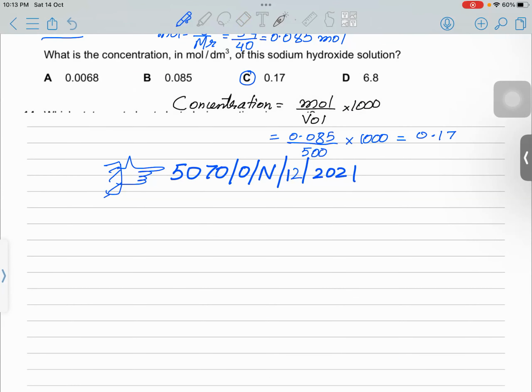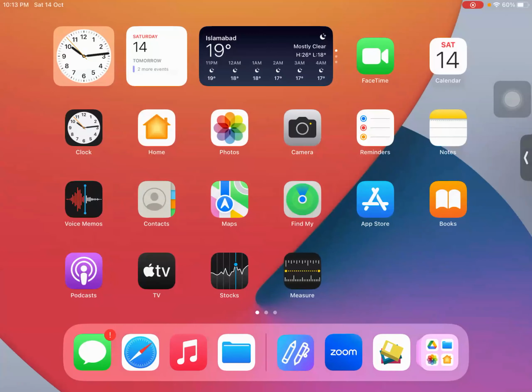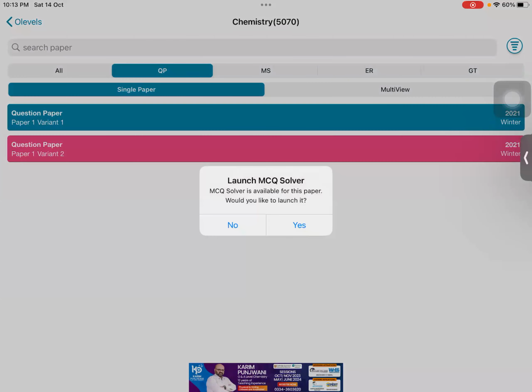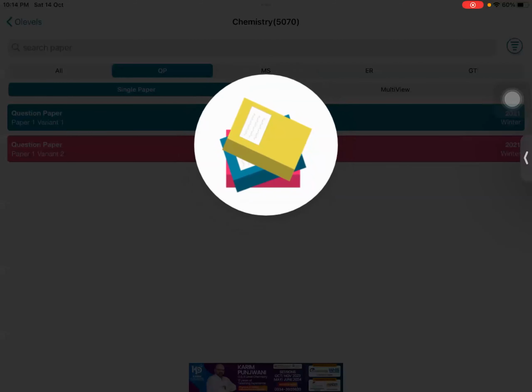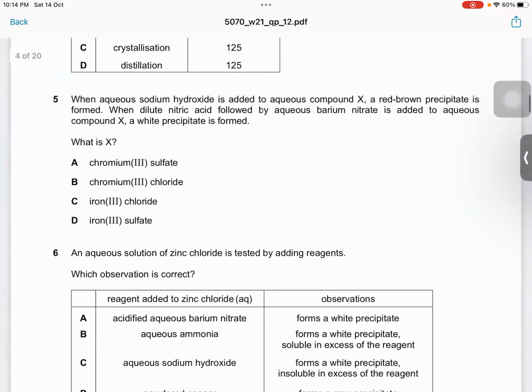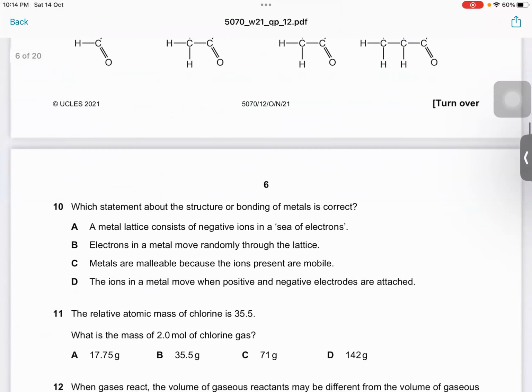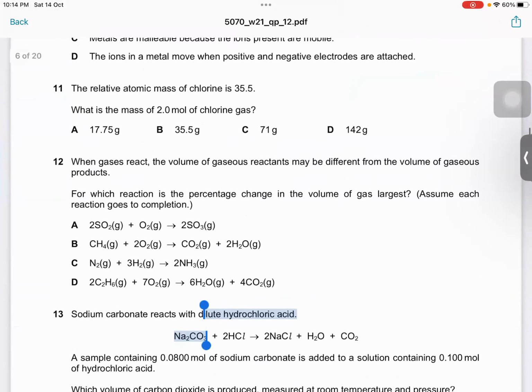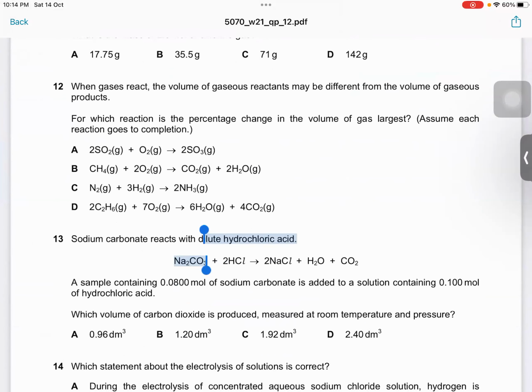This is 12. Same question 11. Now question number 12 and 13.